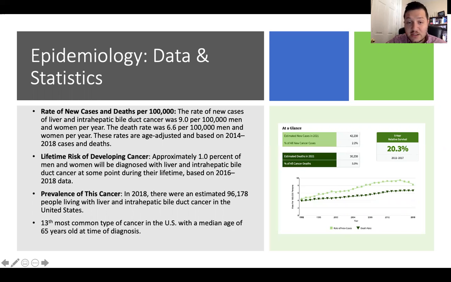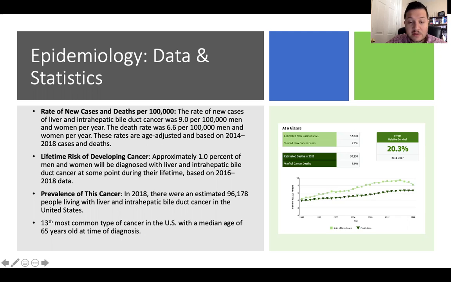These are age adjusted from 2014 to 2018 cases and deaths, and they were retrieved from the NIH. So this is the most recent data I believe that's present, and the lifetime risk of developing cancer is approximately 1% of men and women will be diagnosed with liver cancer or intrahepatic bile duct cancer at some point in their lifetime, based on the 2016-18 data that was collected.